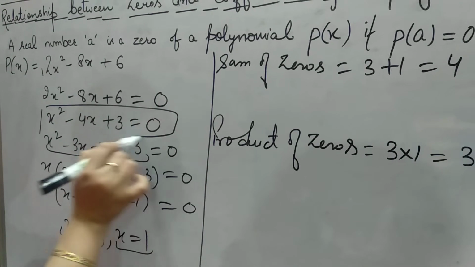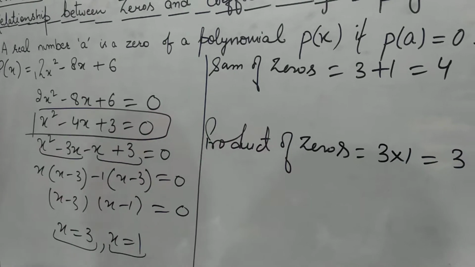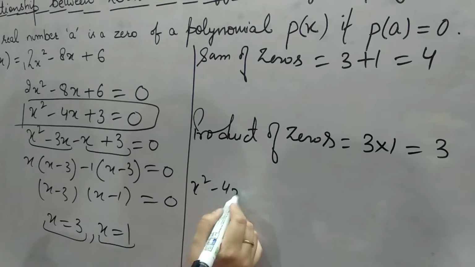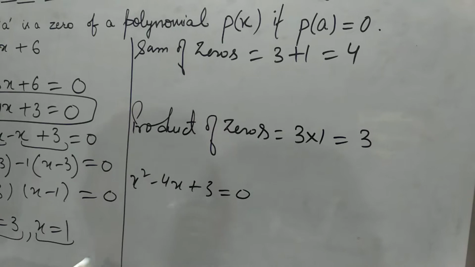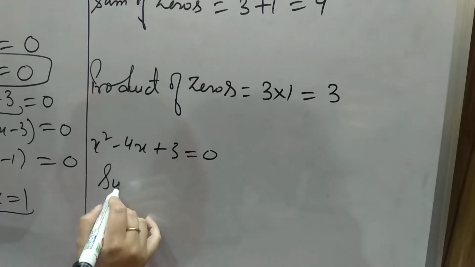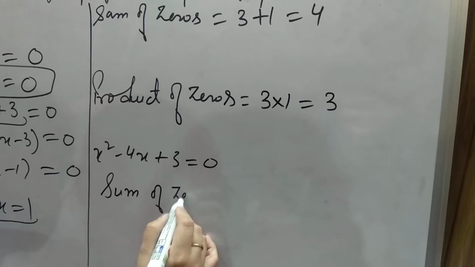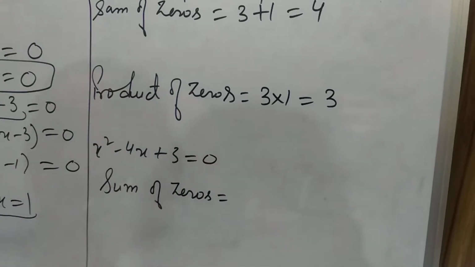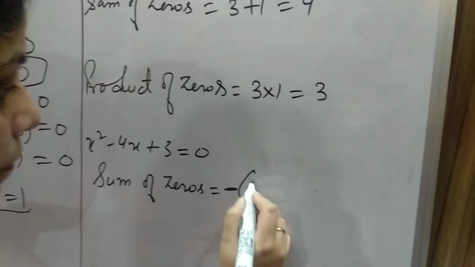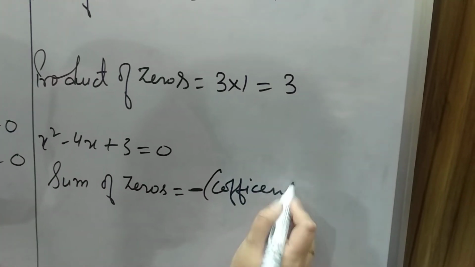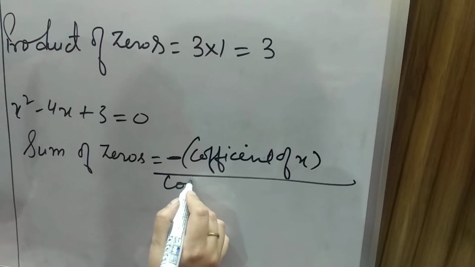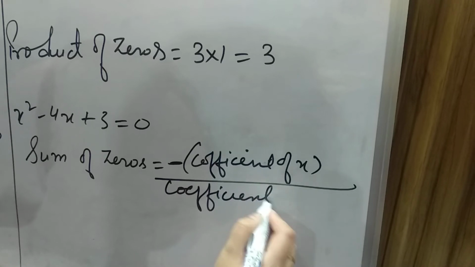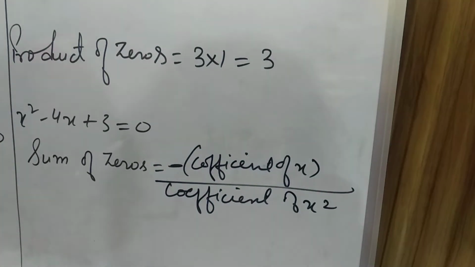Now in this quadratic polynomial, x square minus 4x plus 3, we can see that the sum of zeros can be found like this: minus coefficient of x upon coefficient of x square of this polynomial.